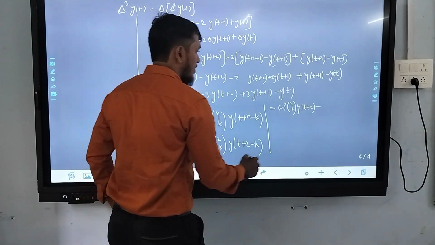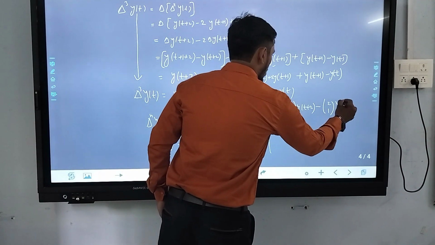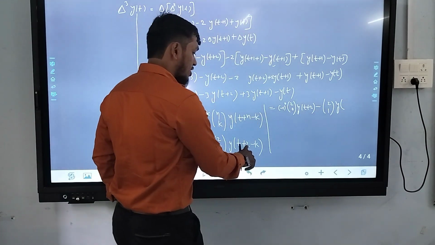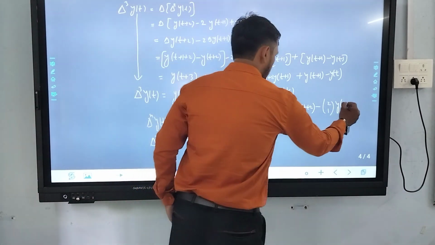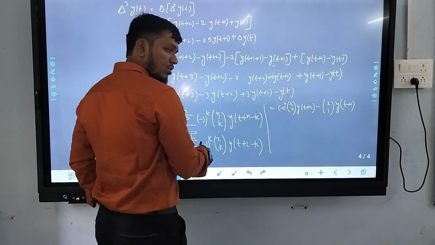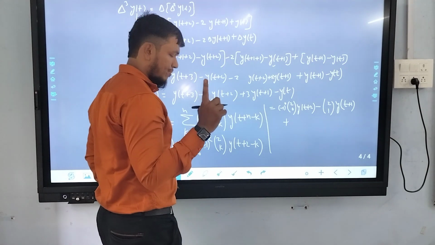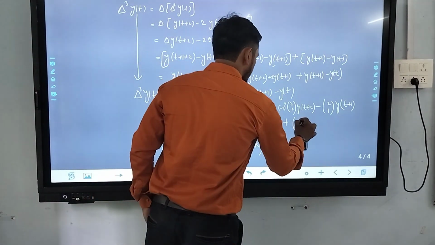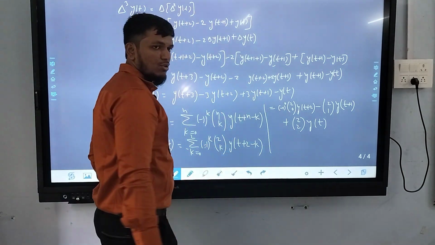Then this is 2c1, and this is y of t plus 2 minus 1, which becomes y of t plus 1. After that, if you put k is equal to 2, minus 1 raised to the power 2 becomes 1, and this is 2c2 and y of t, because plus 2 and minus 2 get cancelled.